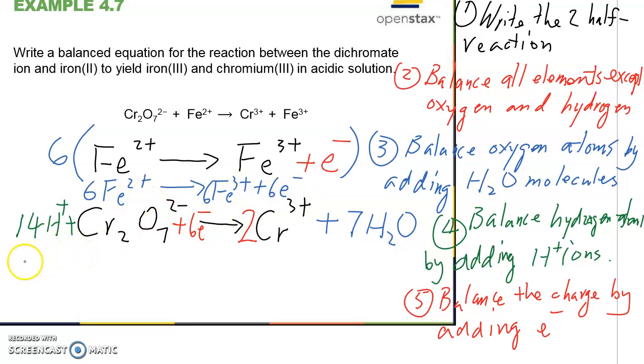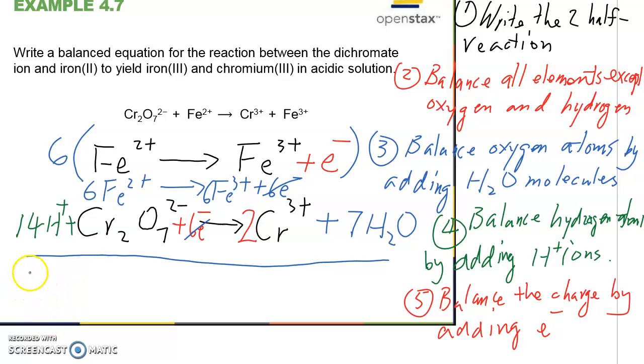Now I can add these 2 up. I know it's a little bit messy here. So when I add it up, I can cancel out the electrons on both sides. And what do I get at the end? I need to write it really clearly now.